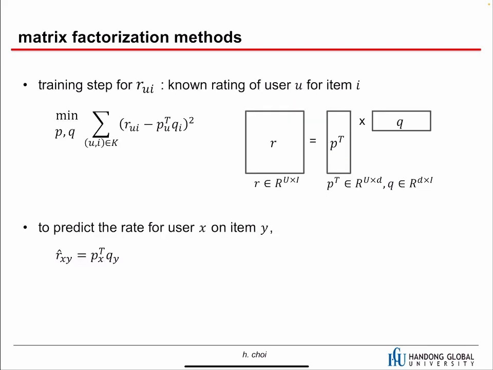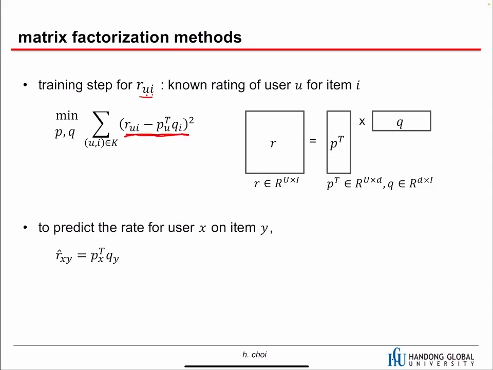And we can train this NMF or matrix factorization method based on this MSE. So training step for R sub UI, the rating of user U for item I, and we want to minimize this.